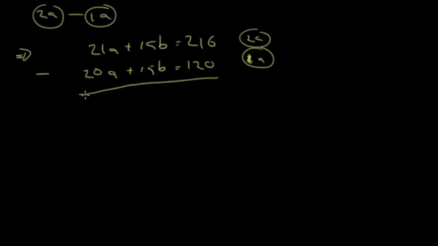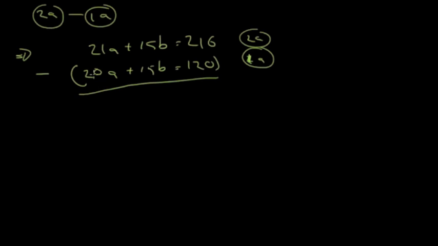Subtract. I'll just put this in brackets so that we know we're subtracting the whole thing from the whole top one, just to make it clear that it's not just the first term, so it's not just negative 20a plus 15b, it's minus the whole thing.